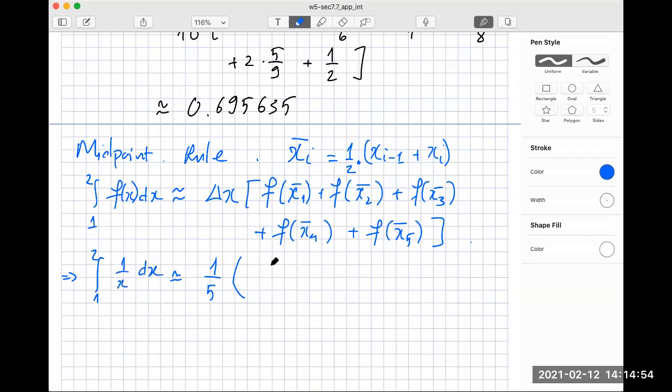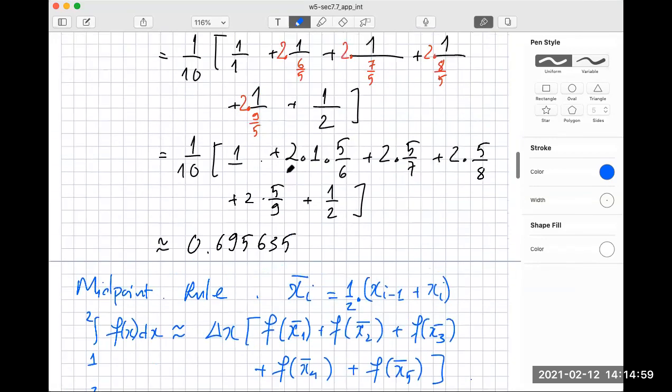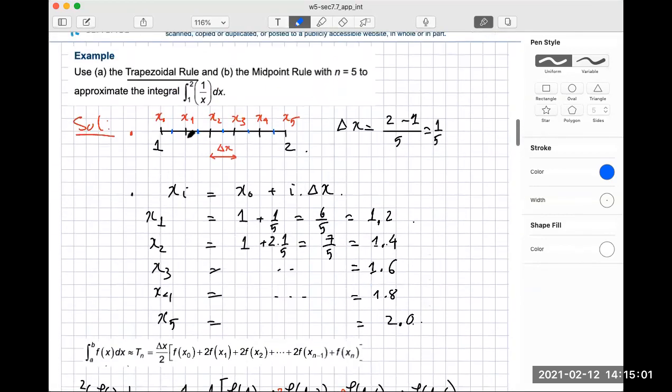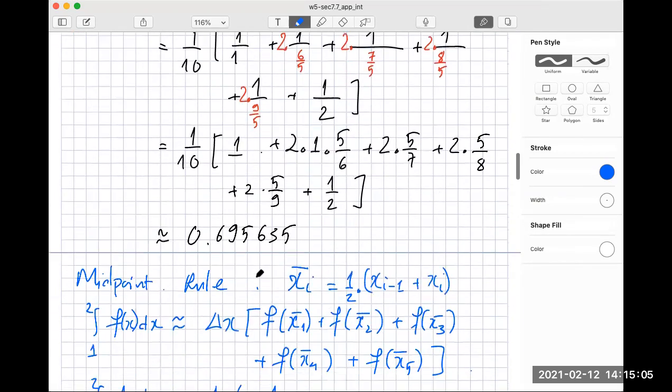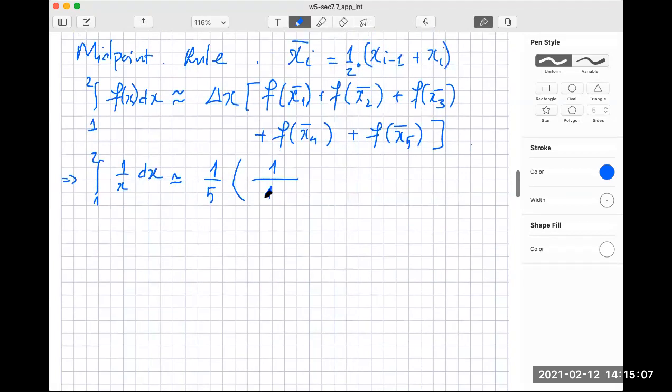The middle of 1 and 1.2 is 1.1 first, between 1 and 1.2, right? The middle point.